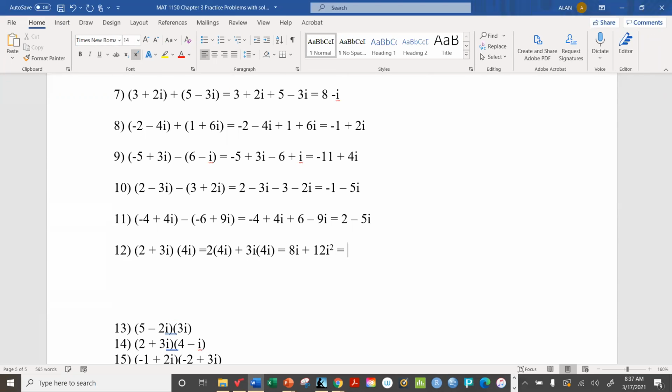And of course, we don't want to just leave it like this because we know that i squared is negative 1. And again, we may as well rewrite it in the proper format. Negative 12 plus 8i. All right, not that there's anything wrong with this, but this is the preferred format.